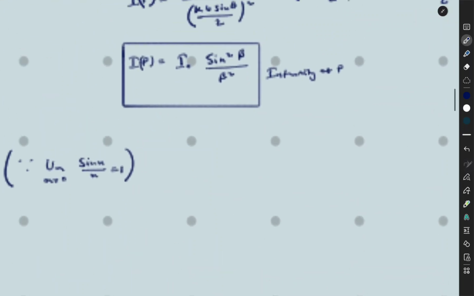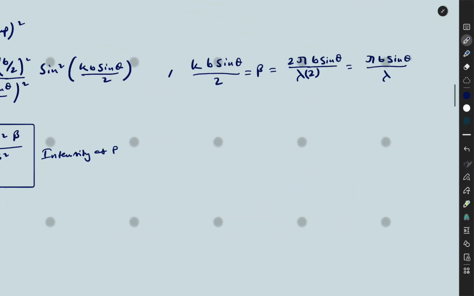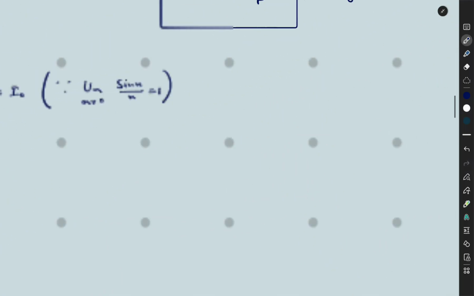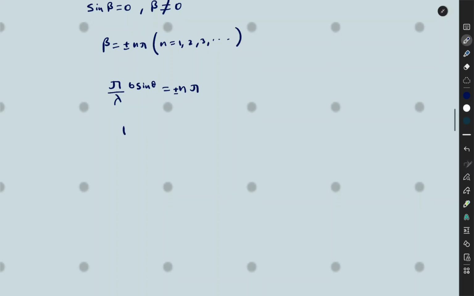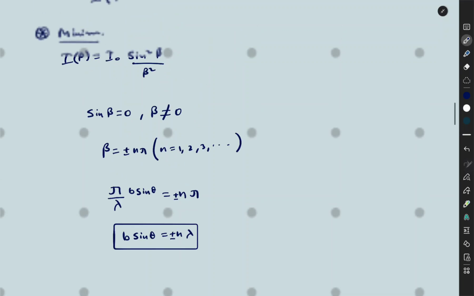Therefore our beta is pi b sine theta by lambda. So pi by lambda b sine theta equal to plus or minus n pi. So our b sine theta becomes plus or minus n lambda.